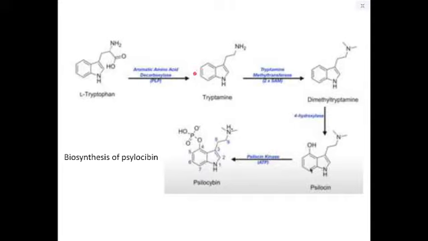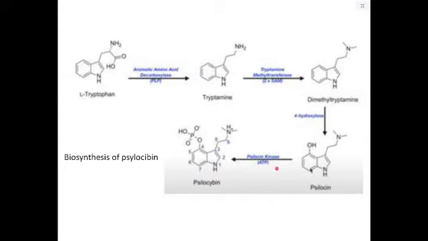Then the tryptamine can be acted on by tryptamine methyltransferase, which will add 2 methyl groups to give us dimethyltryptamine. The dimethyltryptamine can undergo oxidative hydroxylation catalyzed by 4-hydroxylase, giving a hydroxyl group at that position, and then you have psilocin.